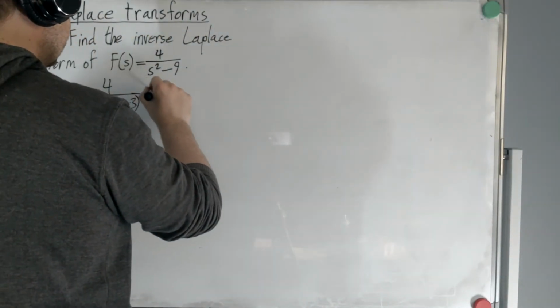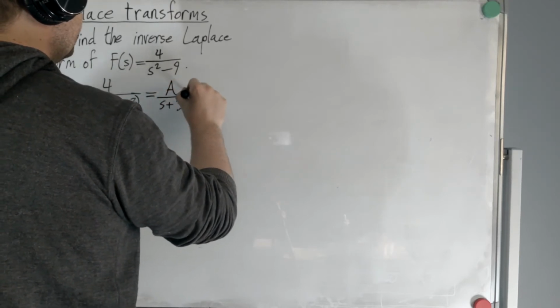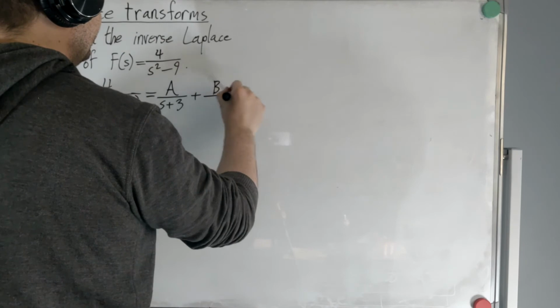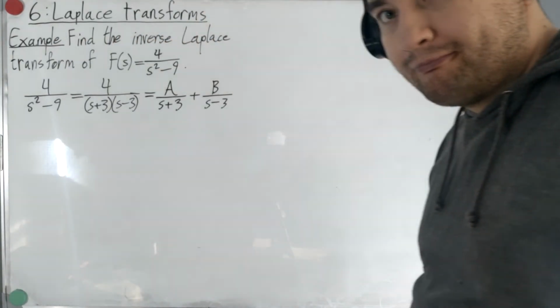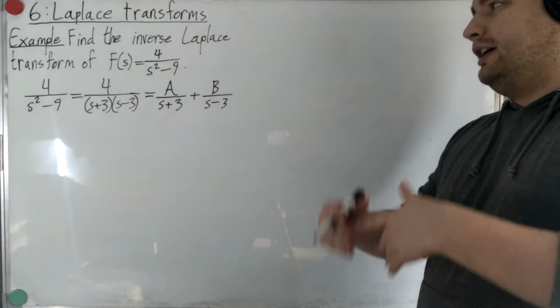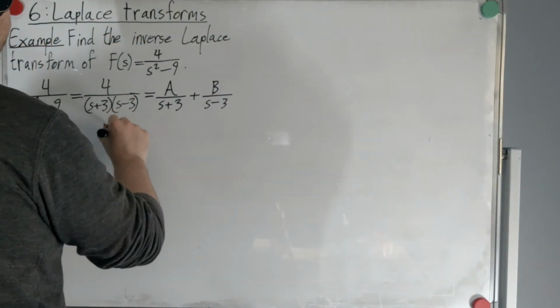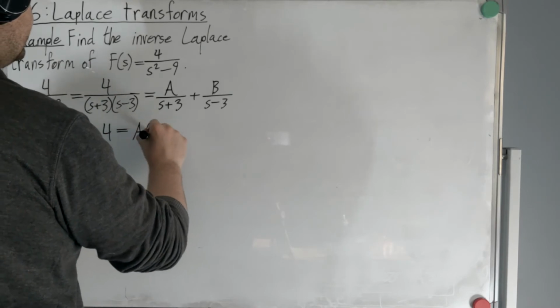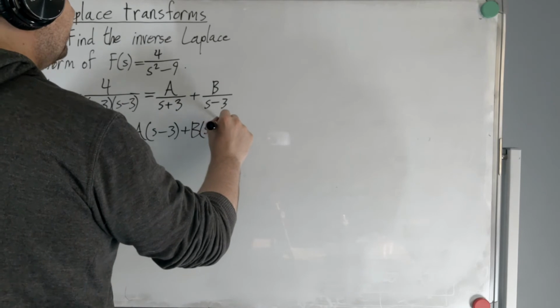Now, if you want to do a partial fraction decomposition on this, you can write that as A over s plus 3 plus B over s minus 3. And then you multiply both sides by s plus 3, s minus 3. You get 4 equals A times s minus 3 plus B times s plus 3.